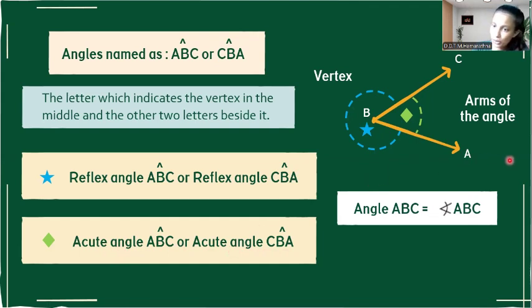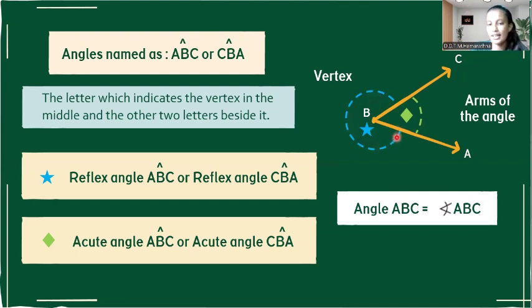Both are correct, because B should be in the middle as B is the vertex, and the magnitude of the acute angle is indicated by angle ABC. When you see this angle, the blue colored one, it is the reflex angle.